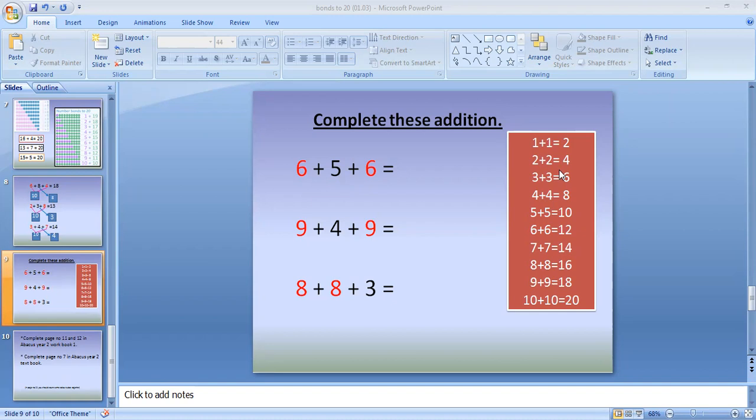If we have 1, we add 1 more. If we have 2, we add 2 more. We have 3, we add 3 more. The same number 2 times, that we call doubling. Double.